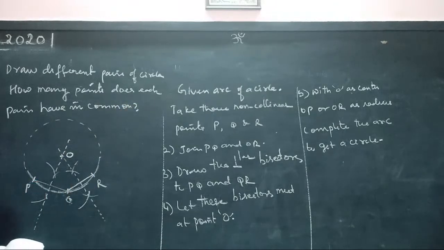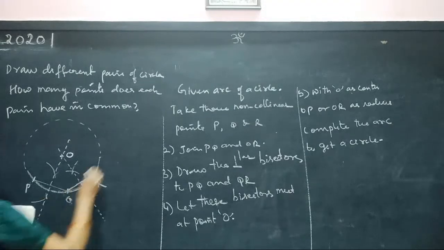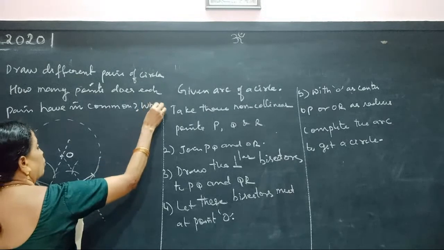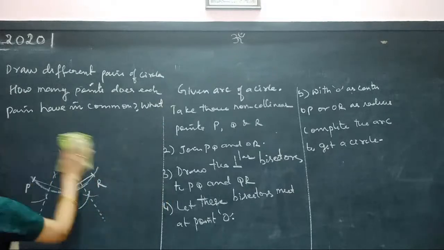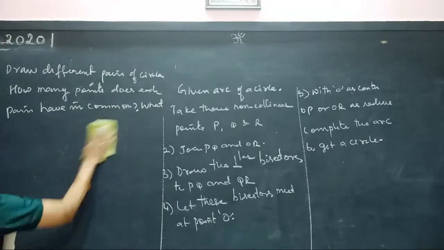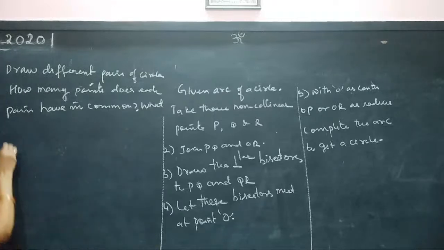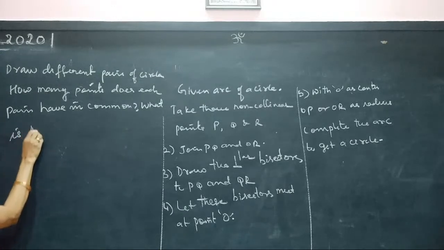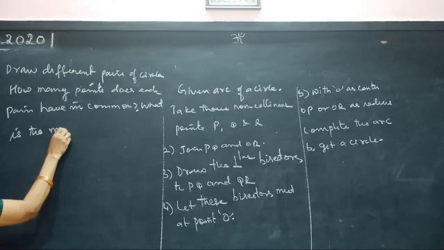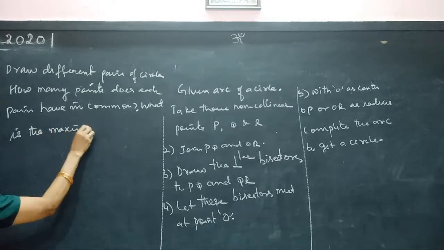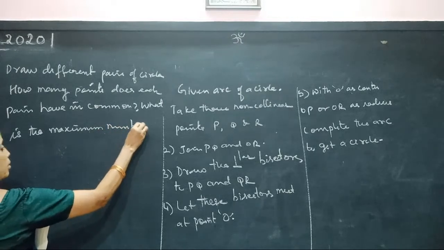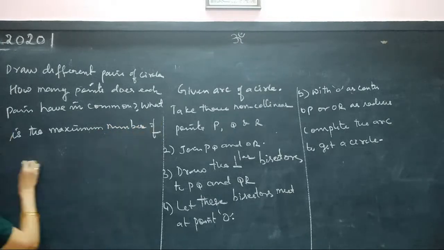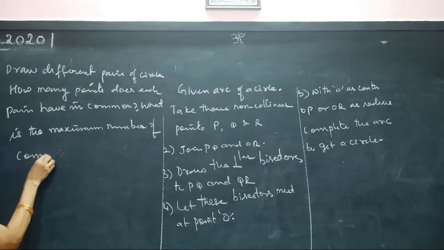What is the maximum number of common points?